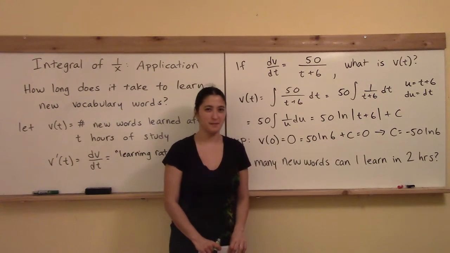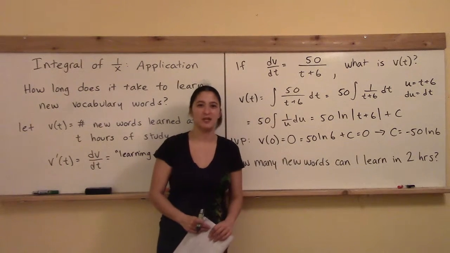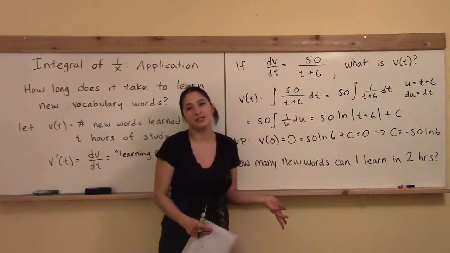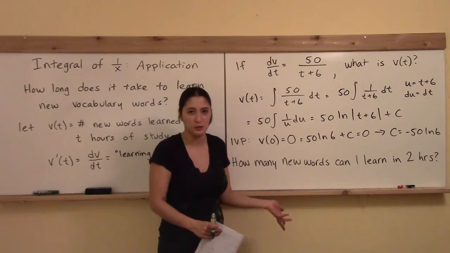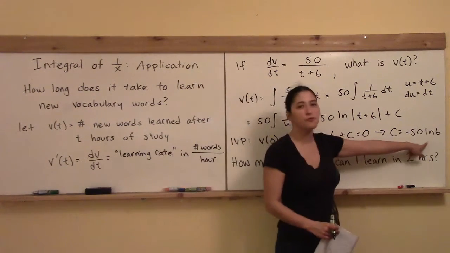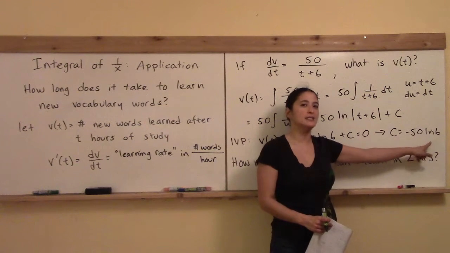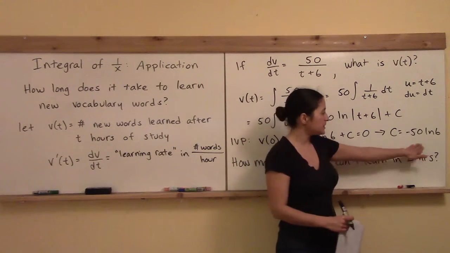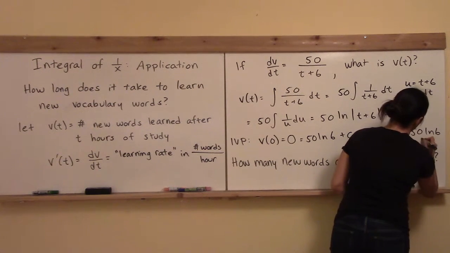Do you like that number? Maybe you're not used to seeing numbers in that kind of weird form. This is like reporting the number square root of pi or something, or e to the 2. This is what we call the exact form. If you ask your calculator what this number is, you will get a decimal approximation. But this is the exact form of what the plus C is right there.